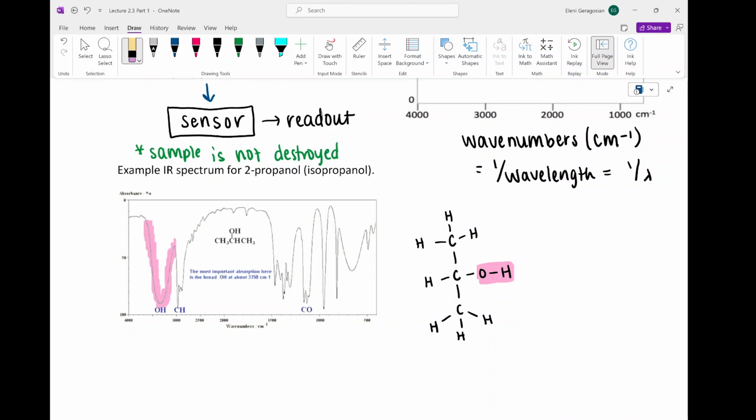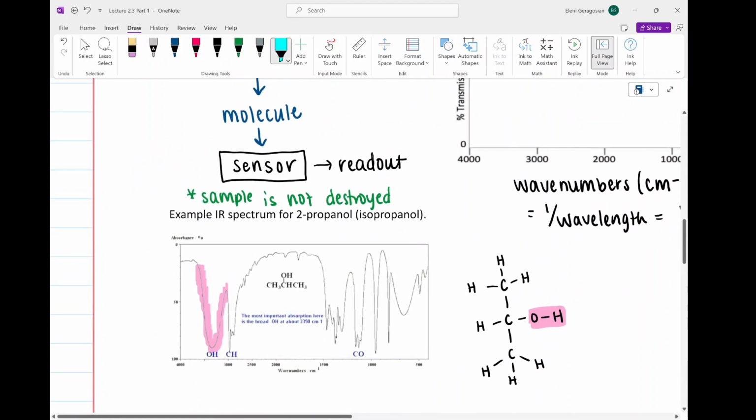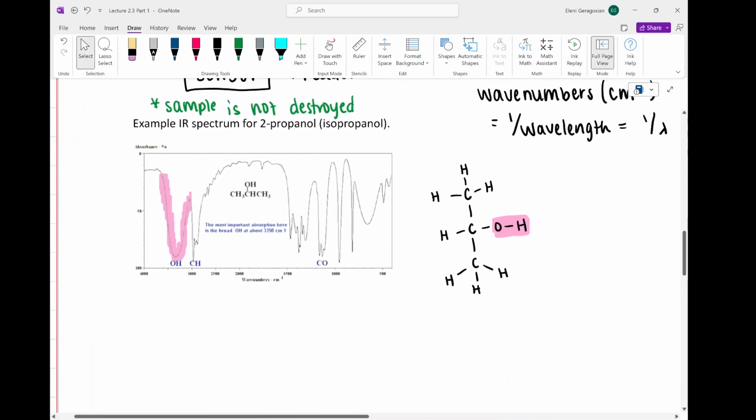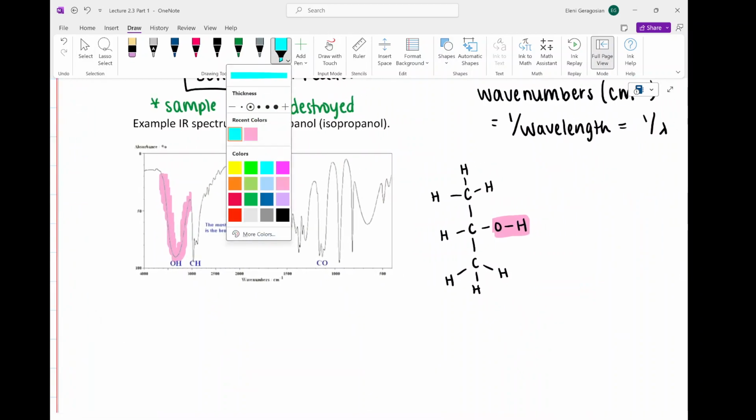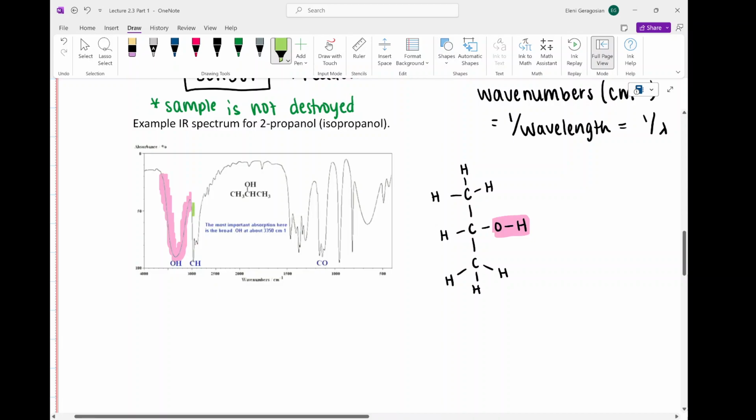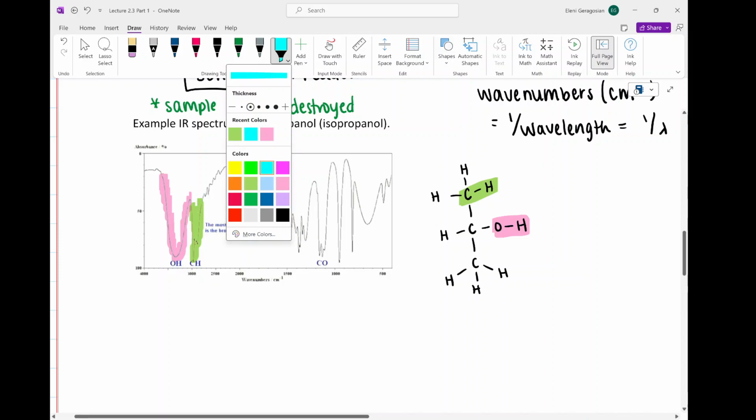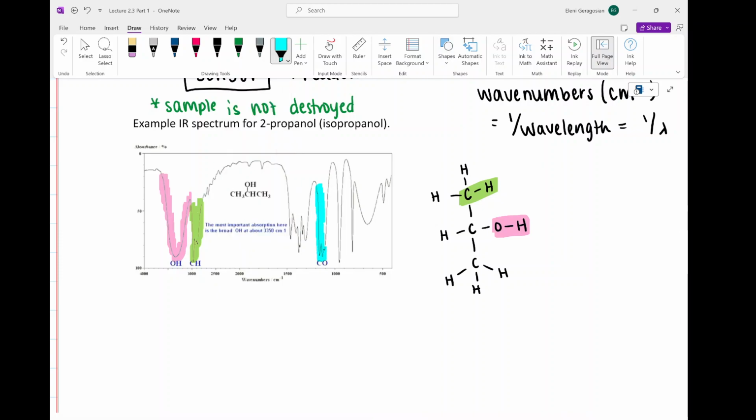Okay, so we've got the OH bond there. Another notable bond is the CH, the carbon to hydrogen bonds, which are typically right around 3,000 wave numbers. This one here represents the carbon to hydrogen bond, and that is all of the carbon to hydrogen bonds present in the molecule. I'm highlighting 1, but there are 7. Another characteristic peak is this carbon to oxygen peak here.